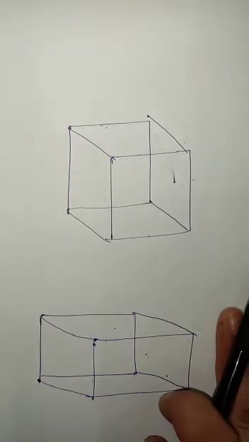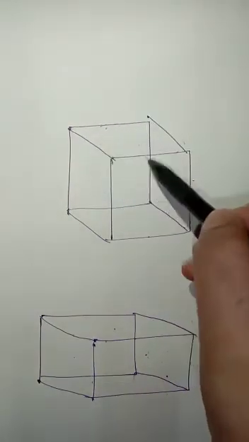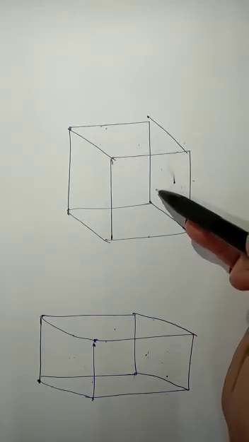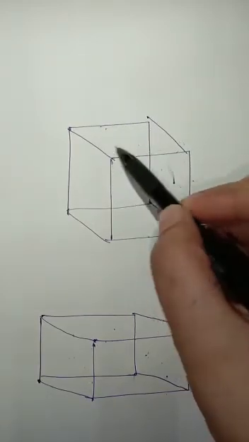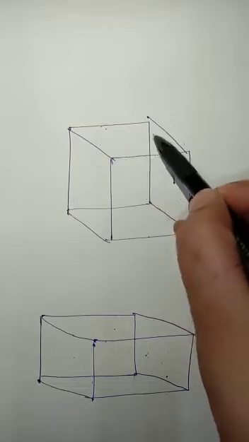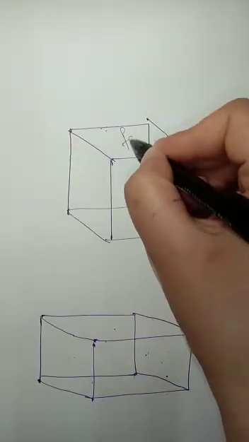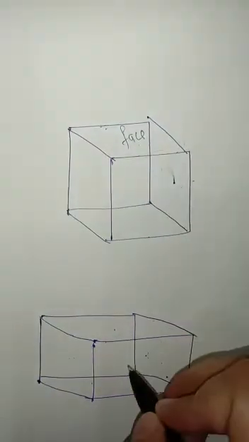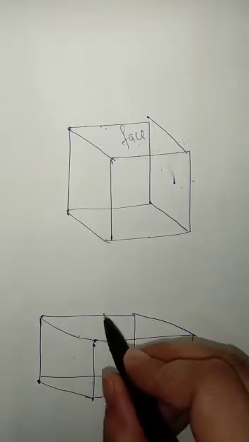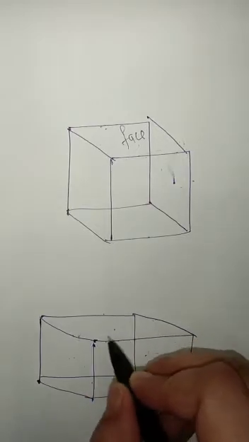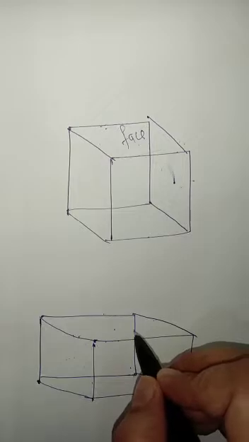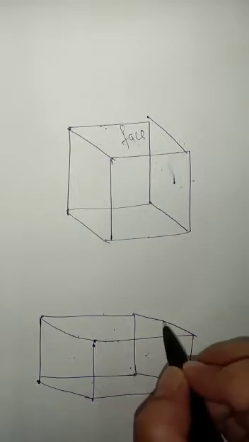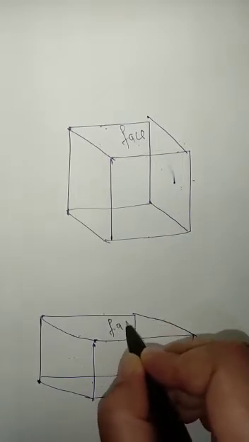Now a flat surface surrounded by line segments is called a face. See here, there are 4 line segments and in between this portion is known as a face. Like in the case of the cuboid also, these are 4 line segments and the surface which is surrounded by these line segments is known as a face.